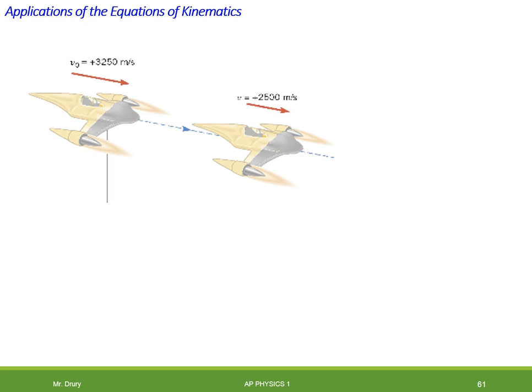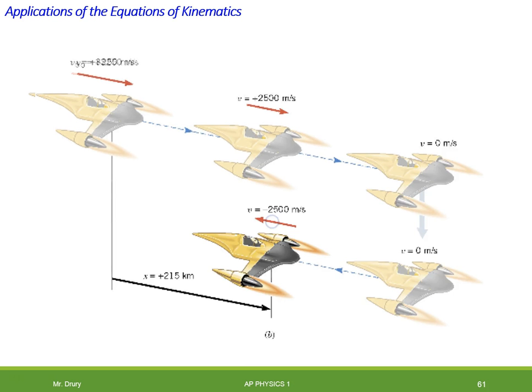But there's actually another answer that makes sense as well, which I'll show you now. This continued slowing down, and it eventually came to a stop. If the retro rockets kept on firing, it would actually go back the opposite way. Both these answers, 2,500 meters per second and negative 2,500 meters per second, occur at a displacement of 215 kilometers. So that's why sometimes you have 2 answers for a problem.